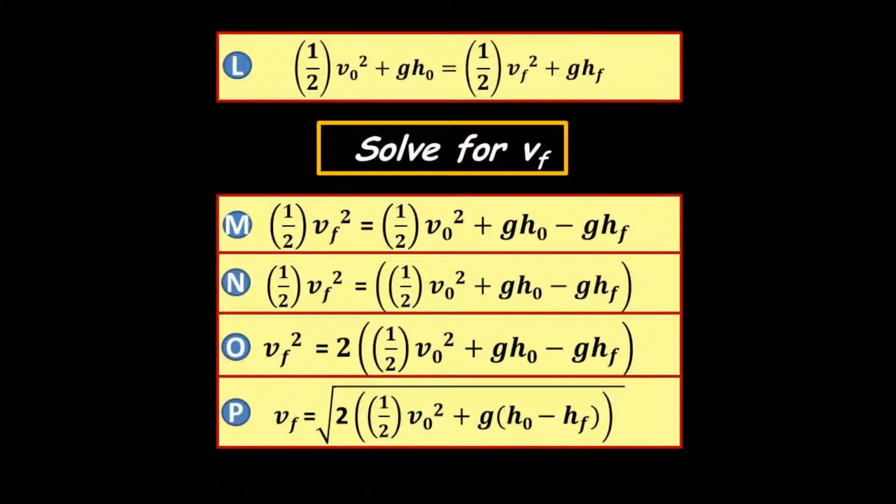Taking the square root of both sides, I finally get VF equals root 2 times the quantity, 1/2 V naught squared plus G times H naught minus HF. Now, all that you need to do now is to identify the knowns and the unknowns and then plug in.